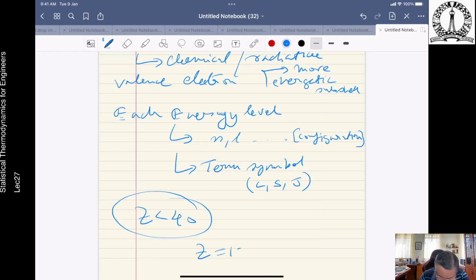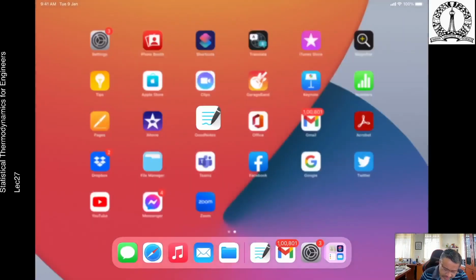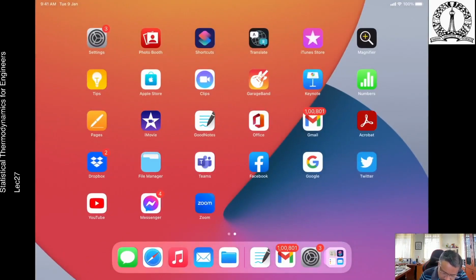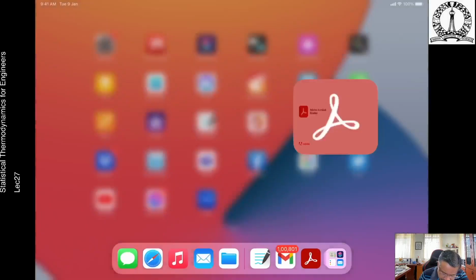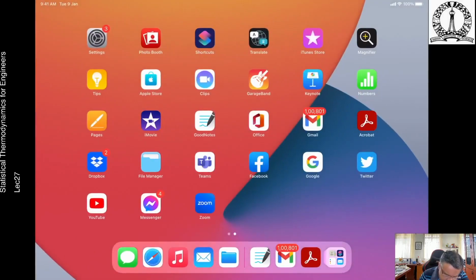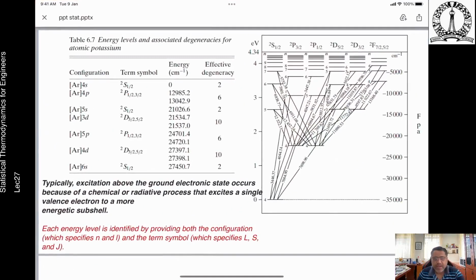So let's take Z equal to 19, which is basically nothing but potassium. So let us look at how the energy actually looks. The energy for potassium is written in this particular fashion.